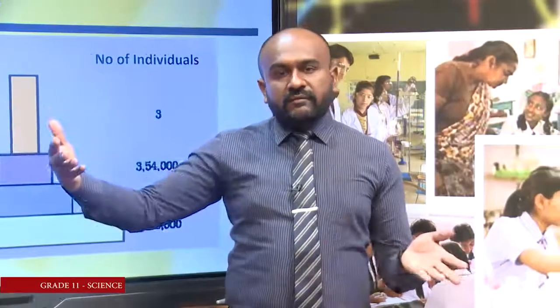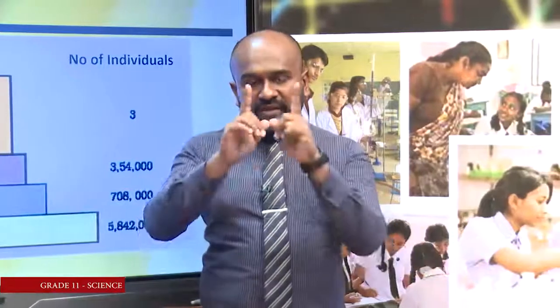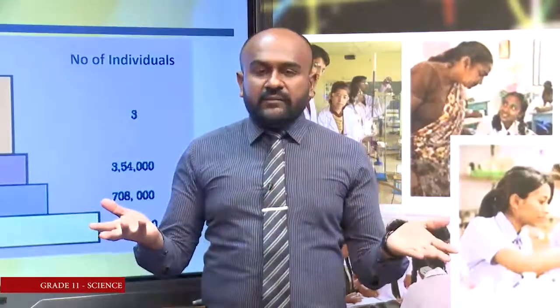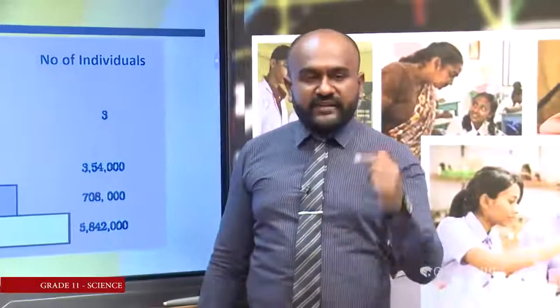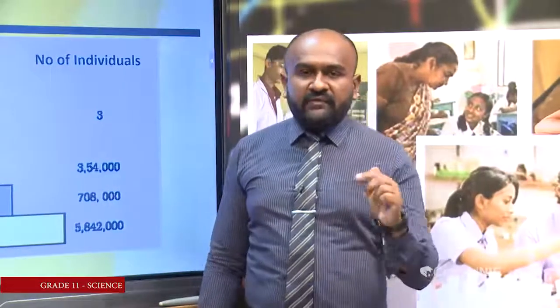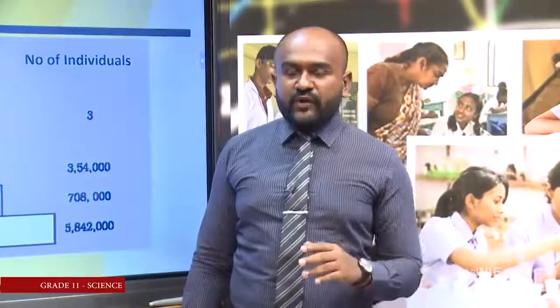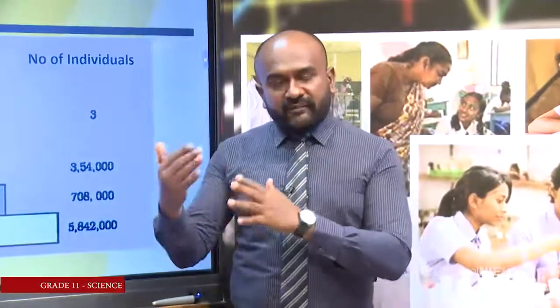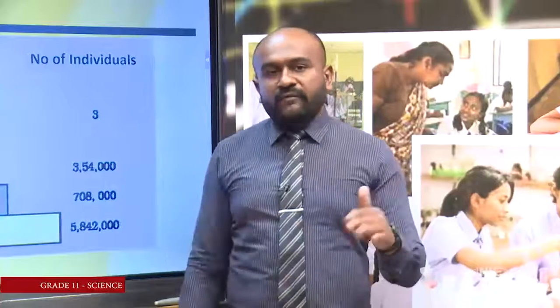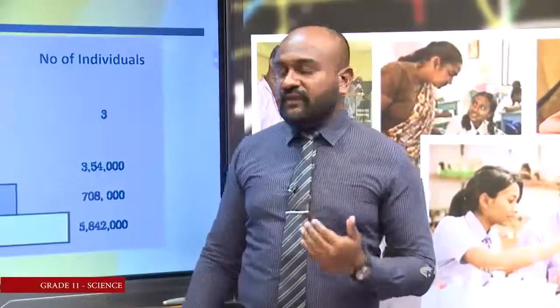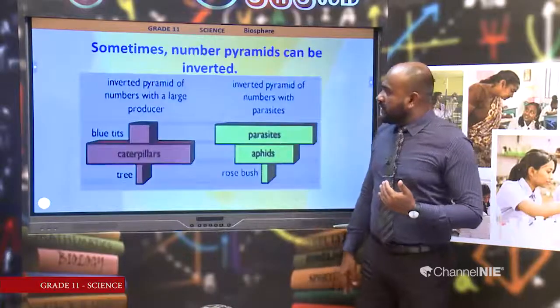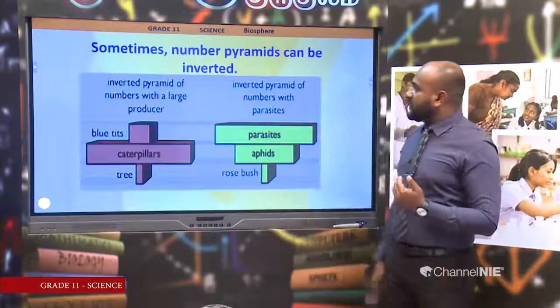So, number wise it is just one, not considering the size of the organism. This is one problem when it comes to number pyramids, as it does not consider the size of the organism. So, there can be instances, as I told you now, where it becomes inverted. You can see one on the screen also. You can see inverted number pyramids.